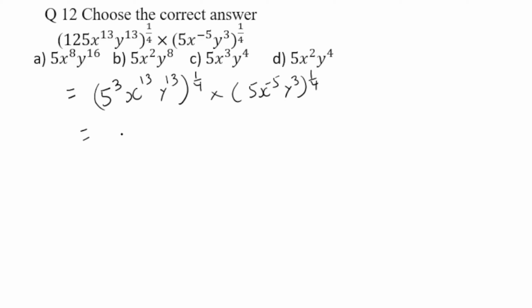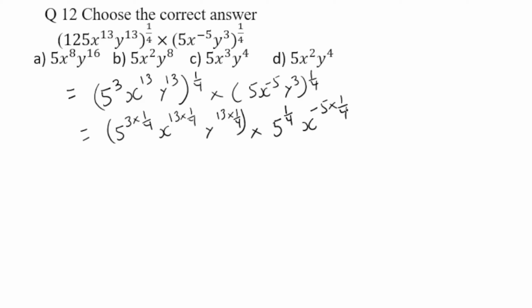That means power is multiply. 5 to the power 3 multiply 1 by 4, x to the power 13 multiply 1 by 4, y to the power 13 multiply 1 by 4. Five to the power 1 by 4, x to the power minus 5 multiply 1 by 4, y to the power 3 multiply 1 by 4.